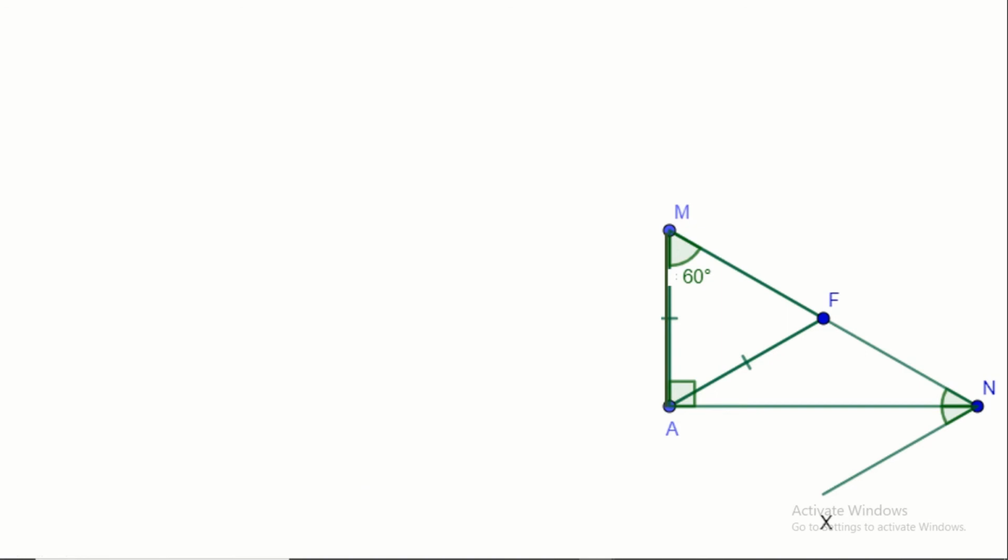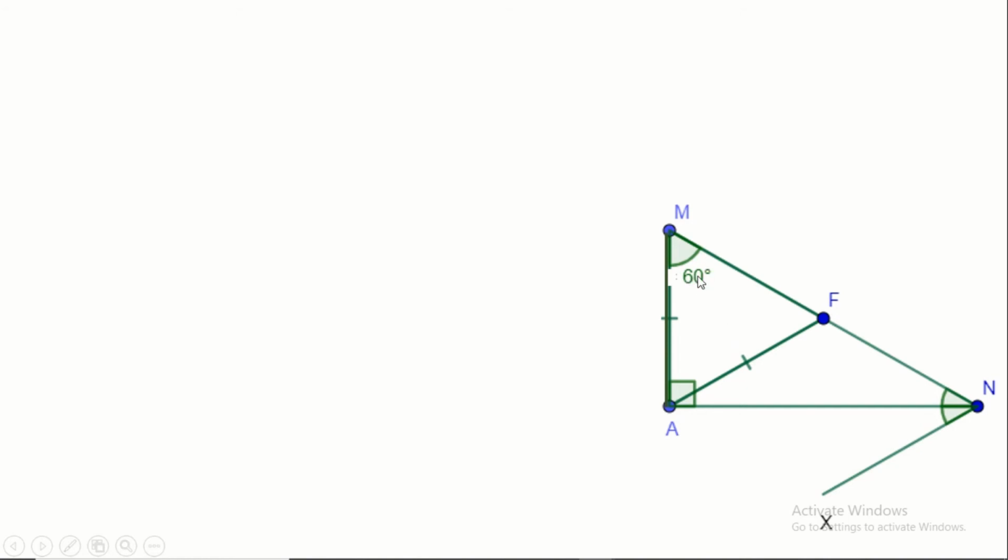Before starting this example, note that in this given, the two sides AF and AM in this triangle are indicated equal to each other. Then we will have an isosceles triangle. But we have given in this isosceles triangle an angle of 60 degrees. Then we can say that this triangle will be equilateral. It's a rule. Why?